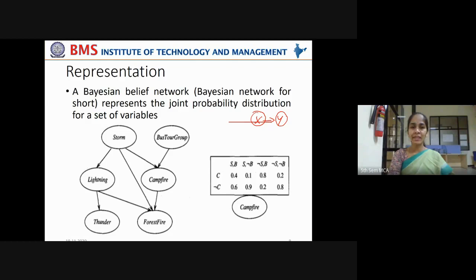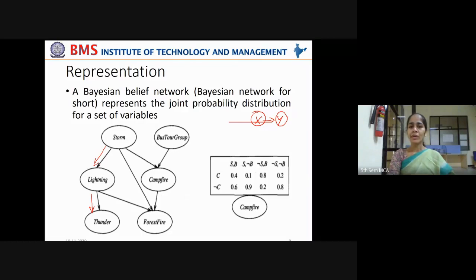Okay, now see in this case, in this diagram, you can see that storm determines lightning and lightning determines thunder, right? Or we can read it as thunder is dependent on lightning and lightning is determined by, or dependent on, storm.